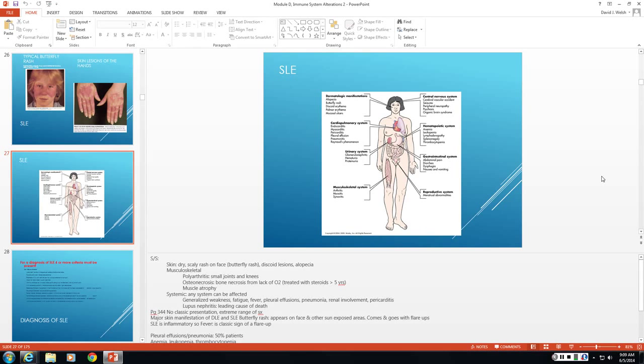Musculoskeletally, they're going to have polyarthritis, so the small joints and knees. Osteonecrosis, so they're going to have bone necrosis from lack of O2.